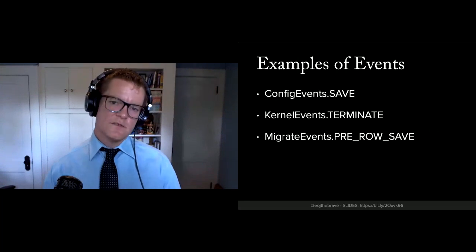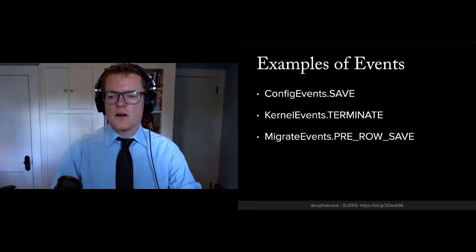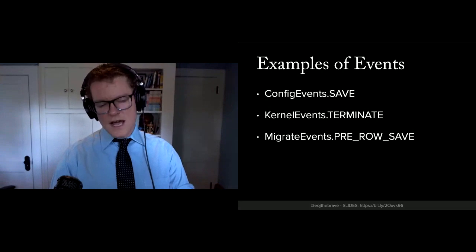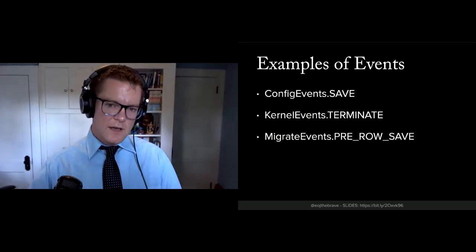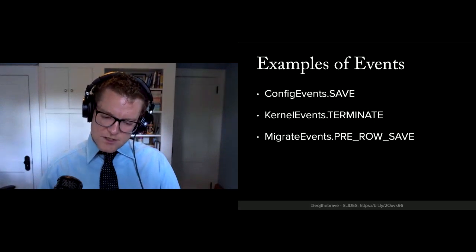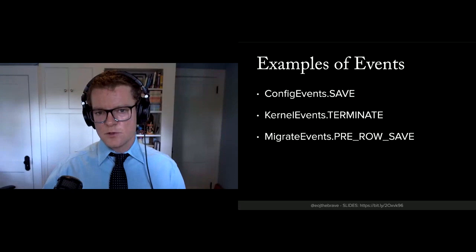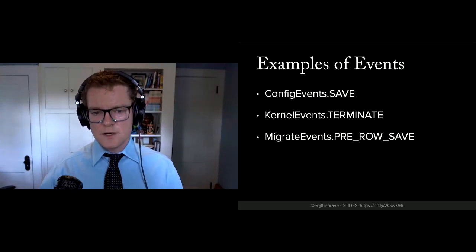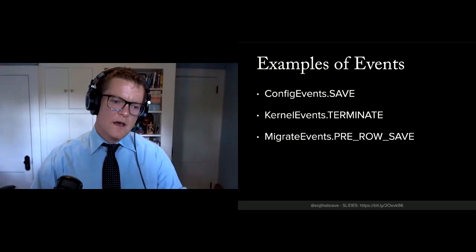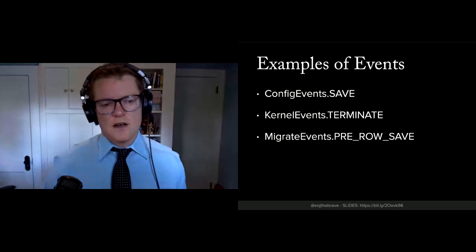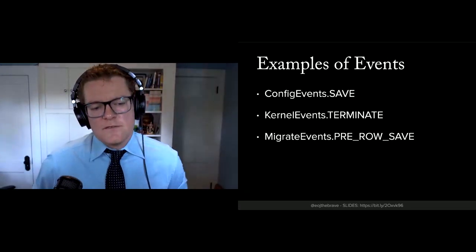Some examples of events in core. There are actually not that many events currently dispatched by Drupal core, and a lot of them are actually dispatched by some of the Symfony components that Drupal core makes use of. So a lot of them are really low-level events. But some of these examples are config.save.